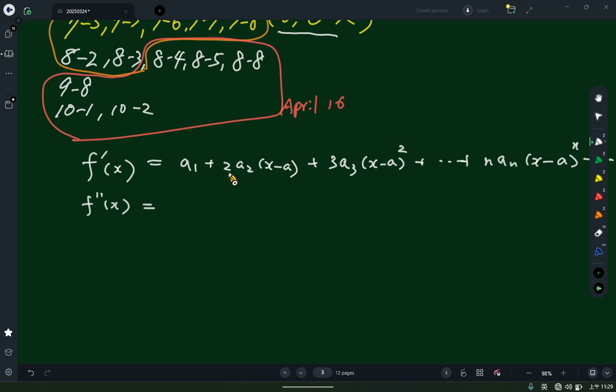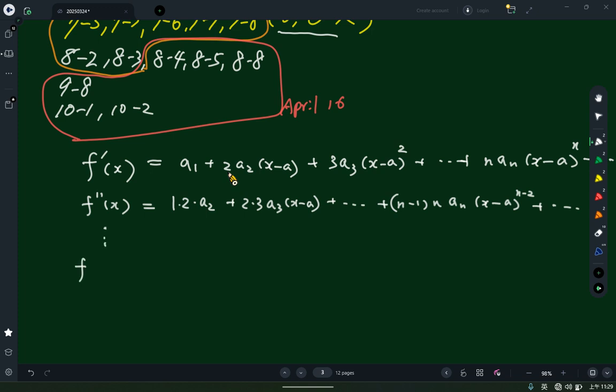Then we will have 2 times 1, a2, plus 2 times 3, a3 (x minus a), up to (n minus 1) times n, right? So we can continue to do that.